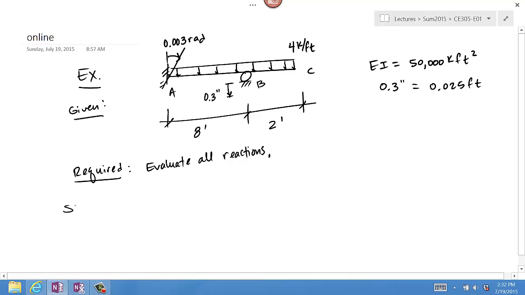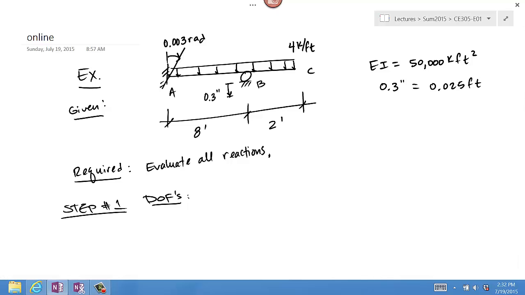So the first step in the slope deflection method involves identifying the degrees of freedom, or DOFs. Now, had this beam been fixed at A without any support settlement in the form of rotation, then theta A would have been 0, as you all know.